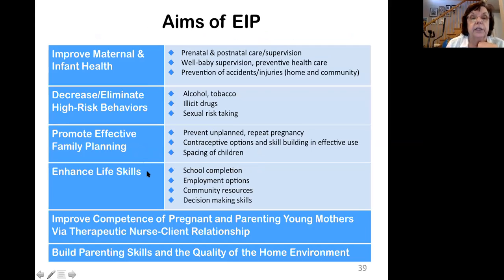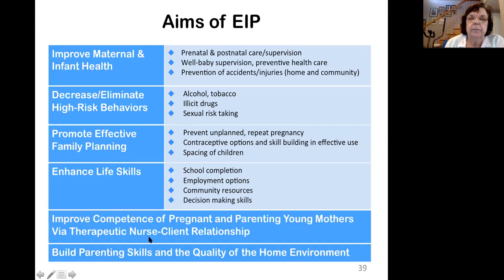So it's pretty hard to intervene in that. Enhance their life skills, complete school, think about employment options, know your resources, and learn how to effectively make decisions. Many times they had knee-jerk reactions to the very stressful kinds of situations they had.